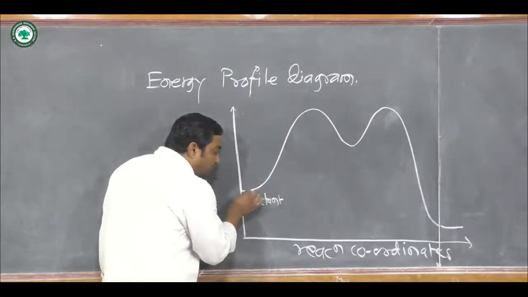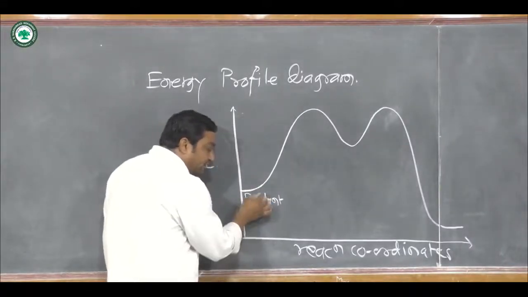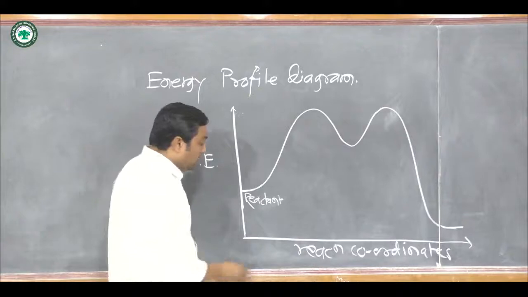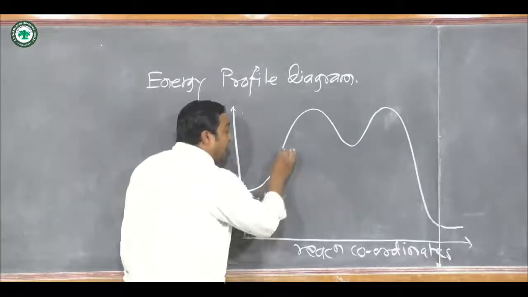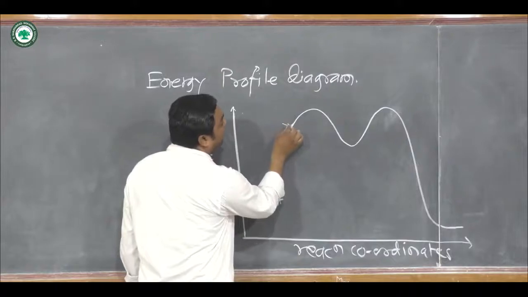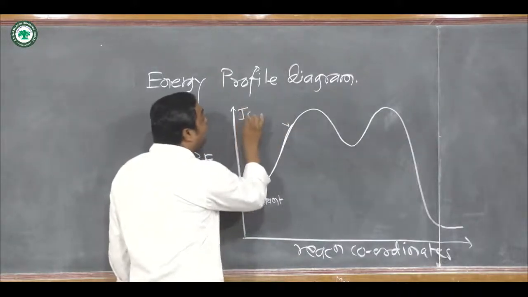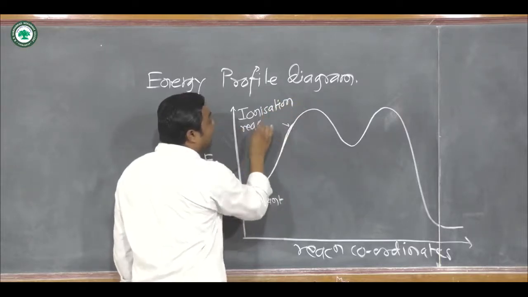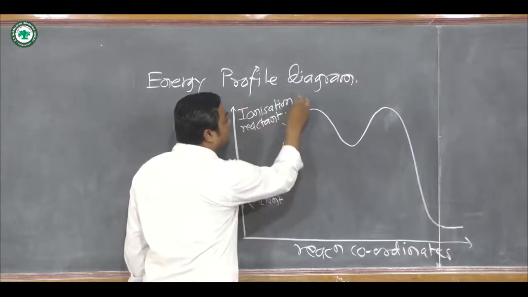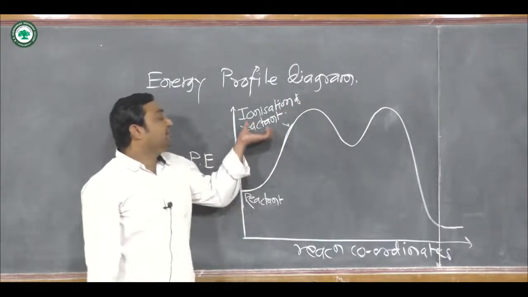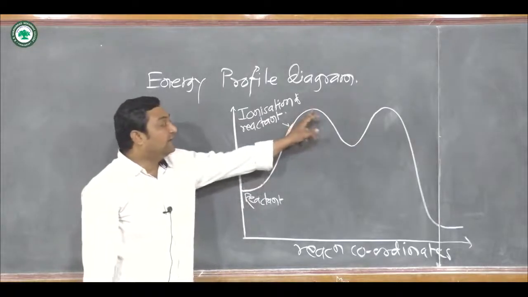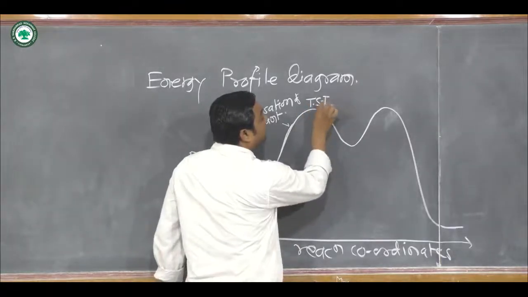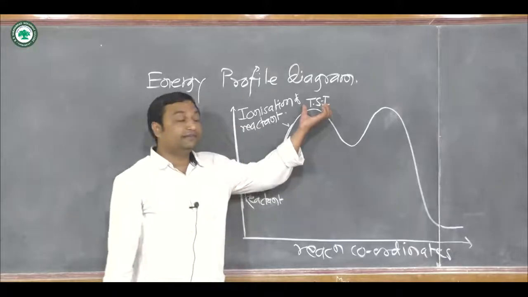As the reaction gradually proceeds in the forward direction, at this position the ionization of reactant starts, and this is nothing but the transition state 1 of this reaction.